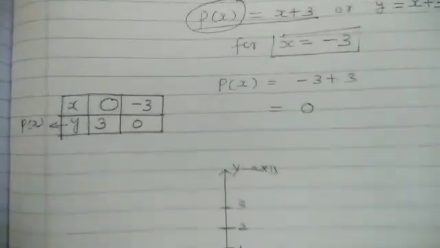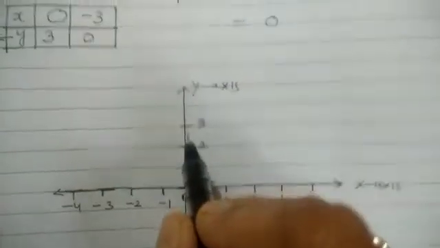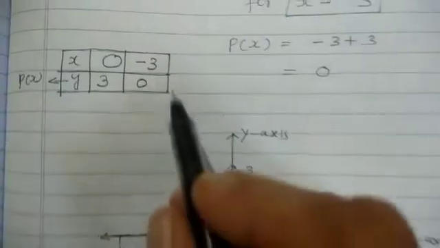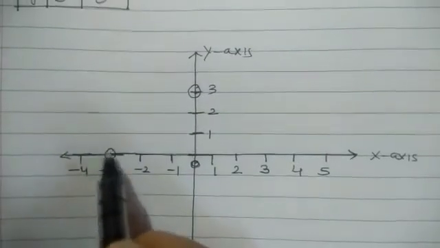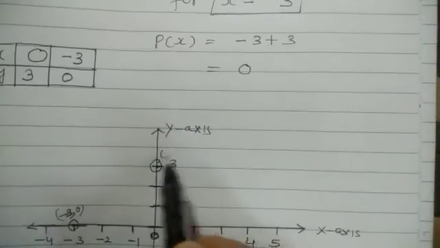Now if I draw a graph for this, 0, 3 is this point. Next point is minus 3, 0, so minus 3, 0 will be this point. This is minus 3 comma 0, this was 0 comma 3.